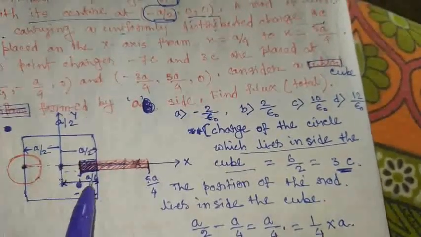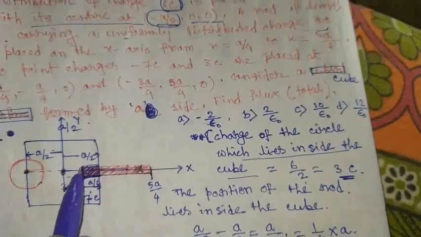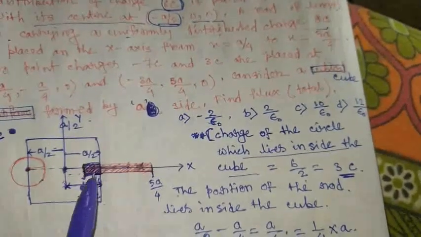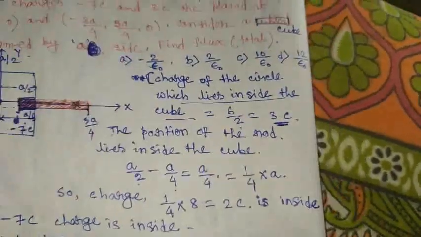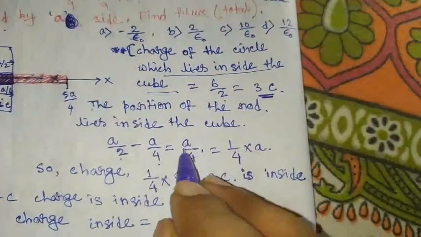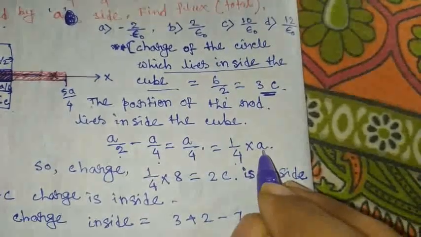So the length of the rod inside this cube is a by 2 minus a by 4, that is a by 4. So we can write a by 4 as 1 by 4 into a.